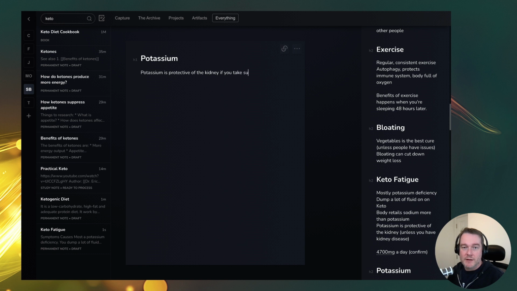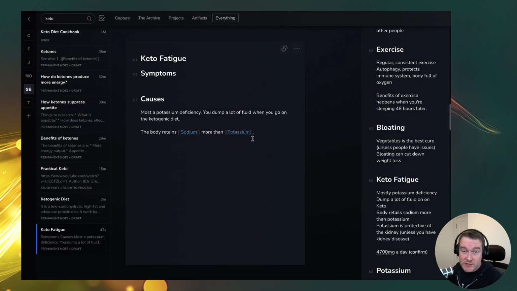If you take supplements, I think that's what it was referring to. However, not advised if you have kidney disease. We could look at that note and we could say, okay, well, what is potassium? How does it protect the kidney? All of those. Remedies.